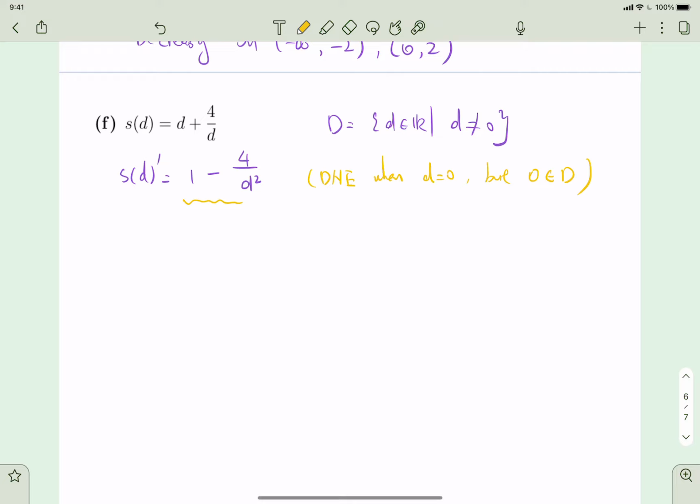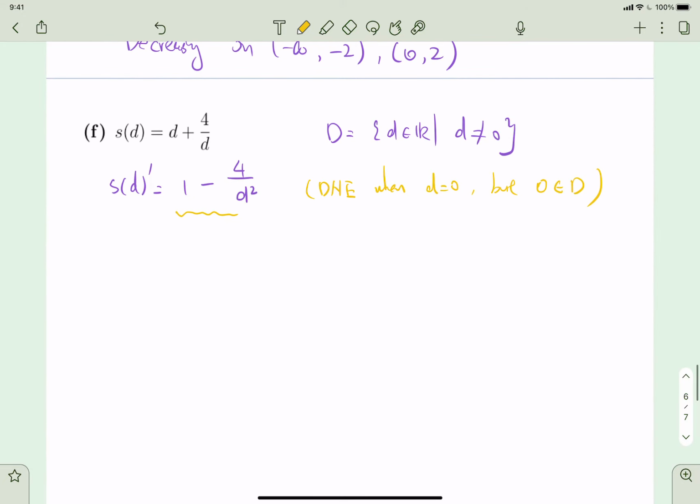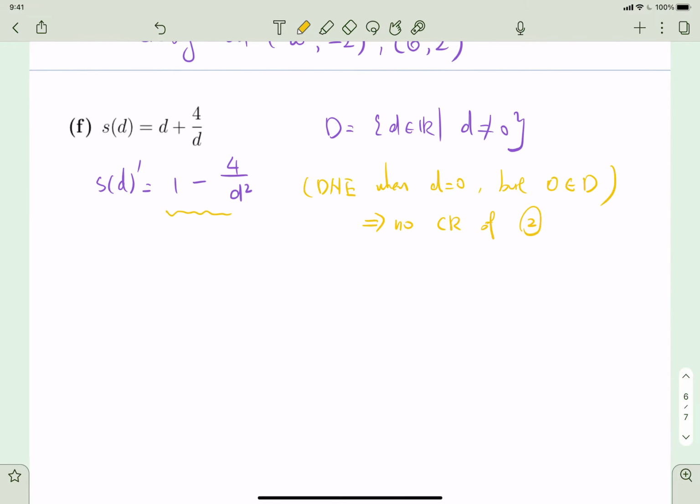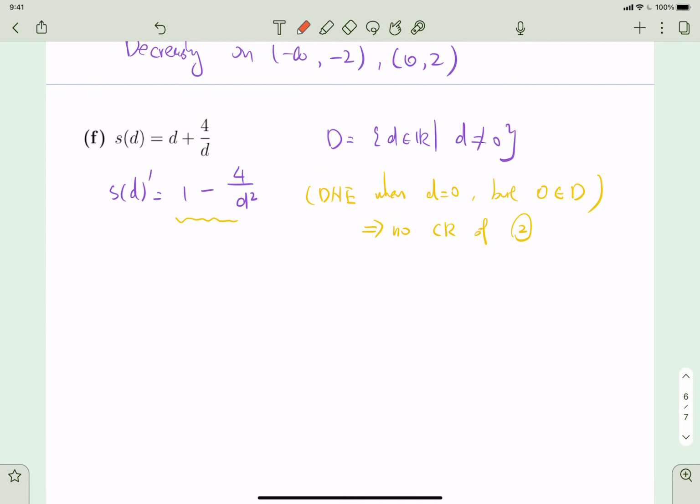So even though it's very tempting to say that this is a second type of critical numbers, but it's not, right? Because of that, no critical number of the second type, because it's not in the domain. So we can only look for the critical numbers of the first type.